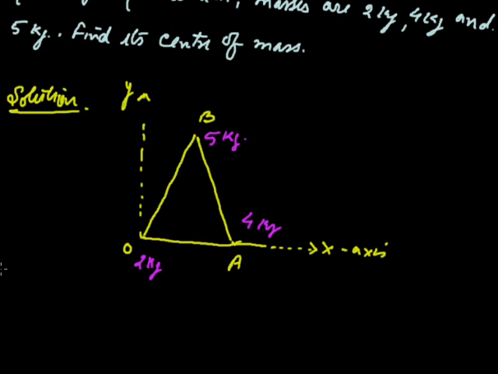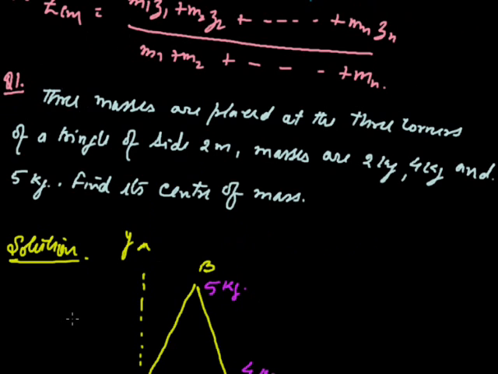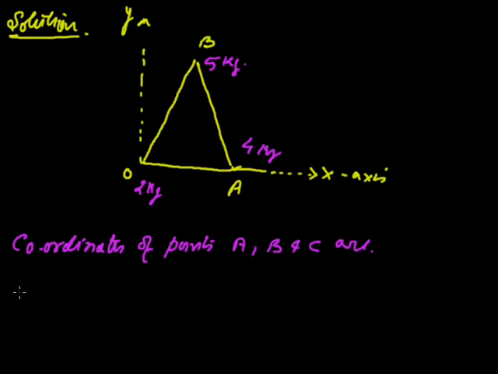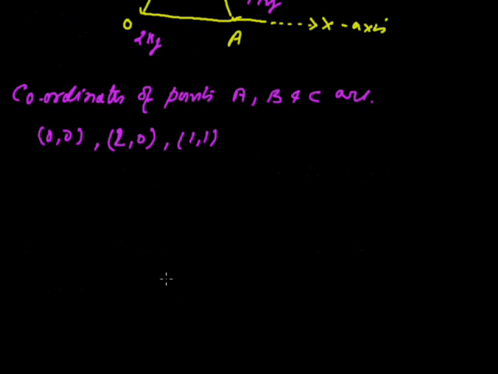Because the side is 2 meter, the coordinates of points A, B and C are 0, 0; 2, 0; and 1, 1.